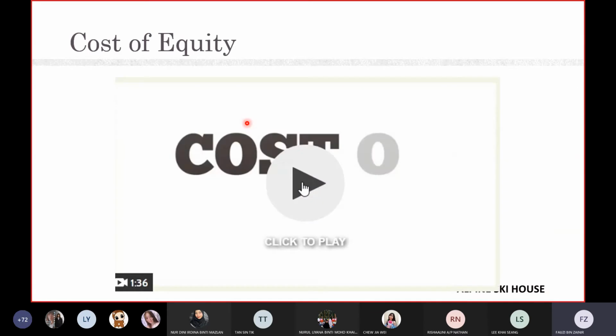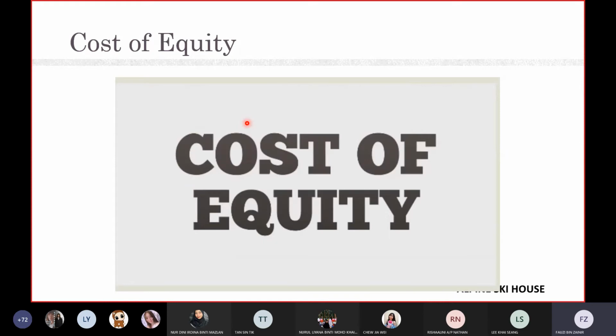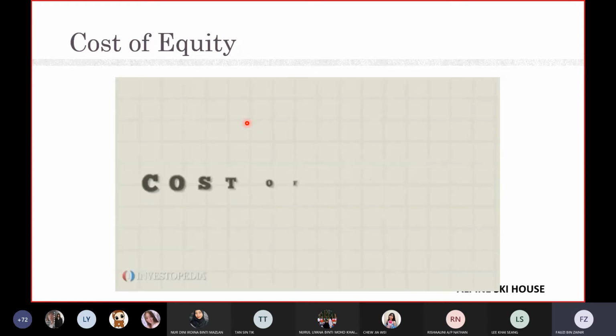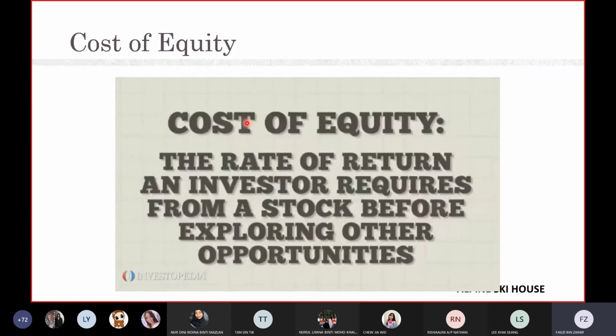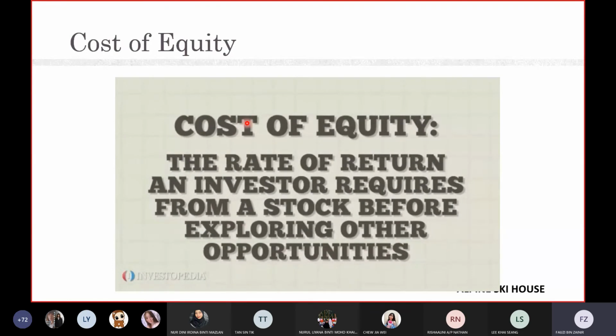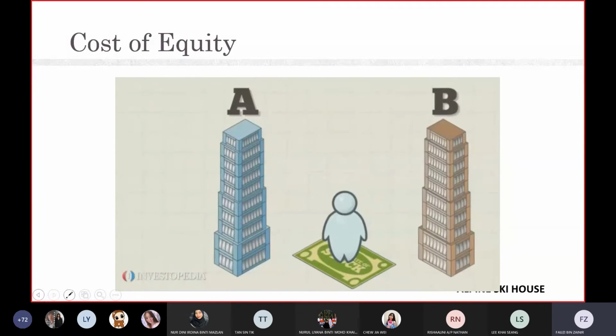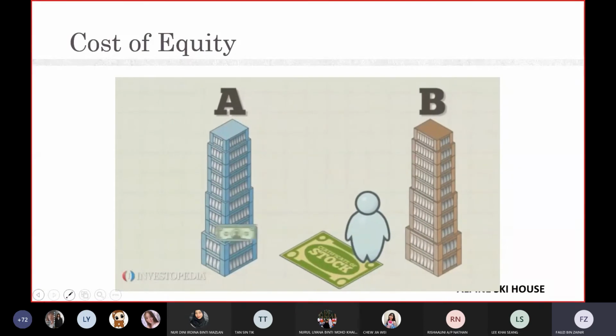All this here. Okay, let's look at the cost of equity, from the perspective of the video here. The cost of equity is the rate of return an investor requires from a stock before exploring other opportunities. Companies have to reward shareholders for the risk that other investments will pay a higher return.